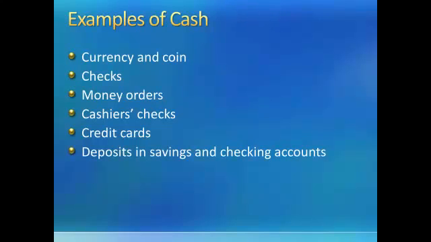So if we use our credit card to purchase dinner at a restaurant, the amount of that credit card charge becomes cash to the restaurant. Cash is anything that the bank will accept for deposit, and businesses can deposit credit card charges just like they can deposit checks, cash, or any other of the items listed here.